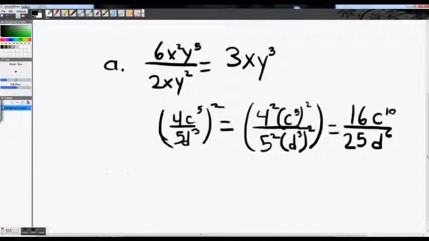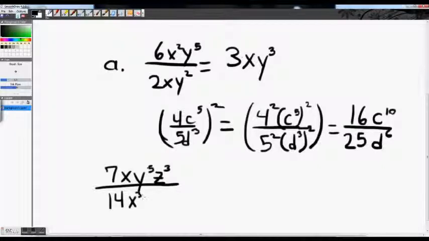How about 7x times y to the 5th times z to the 3rd over 14x cubed y squared z to the negative 8th? How about that? Now, let's divide 7 by 14.